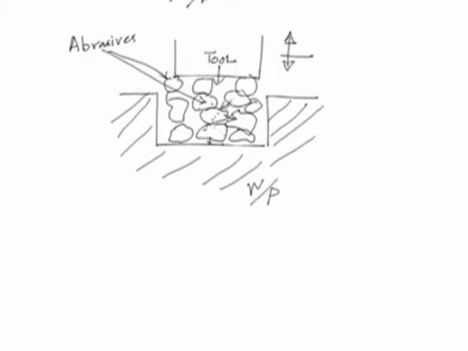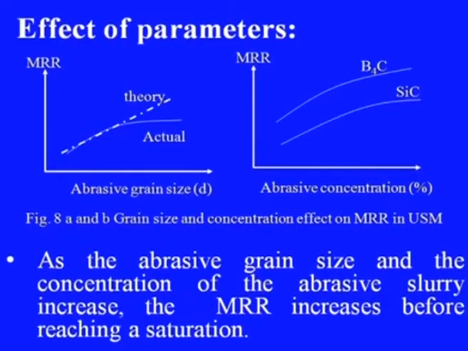This will hit this, then this will hit this probably, and then these abrasive materials will get fractured into smaller parts. Rather than doing work on the work material, they get engaged in hitting each other, and therefore the material removal efficiency will come down appreciably, or at least it does not show any increasing tendency any further. So this is what is explained by the saturating tendency of these curves.